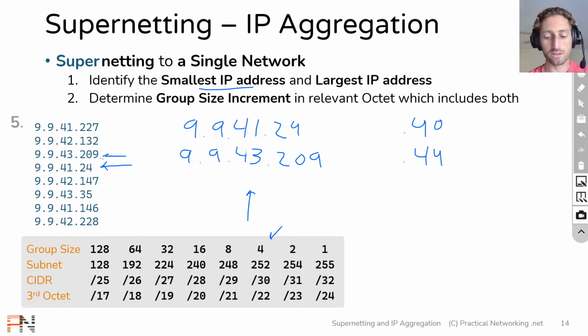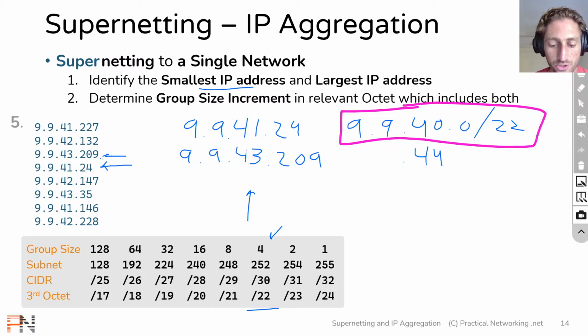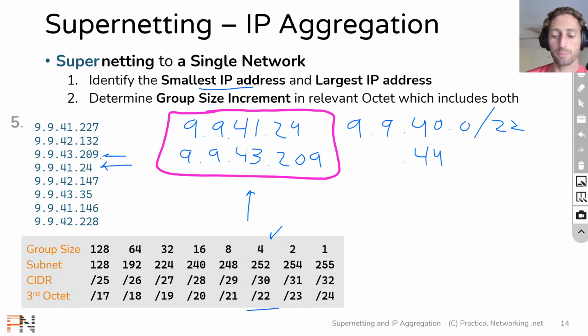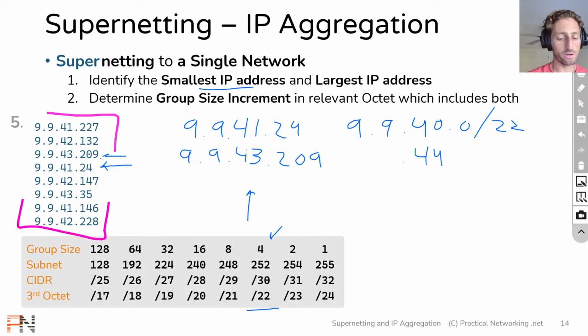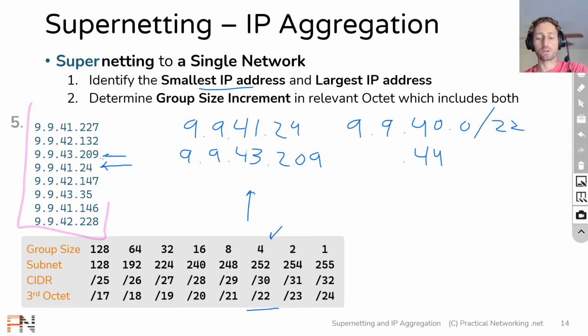And that right there already encompasses the octet change I was trying to account for, because 41 through 43 is going to fit in this range, which means my answer is going to be 9.9.40.0/22. This summary is going to account for the largest and smallest IP address, and therefore all 8 of these individual IP addresses that I was trying to summarize.